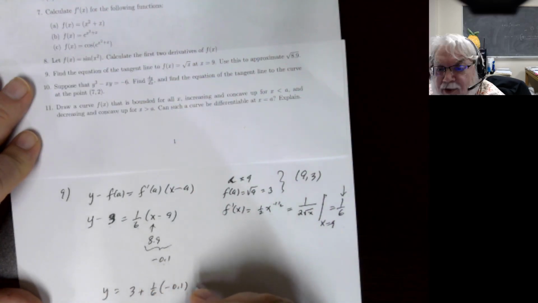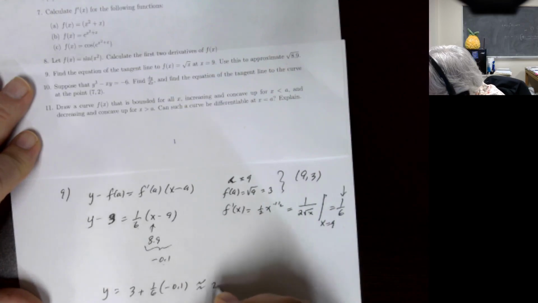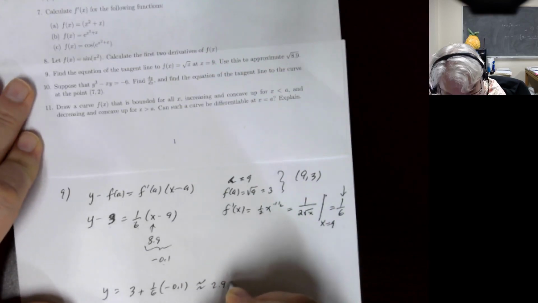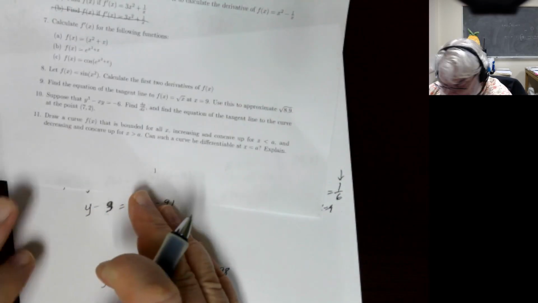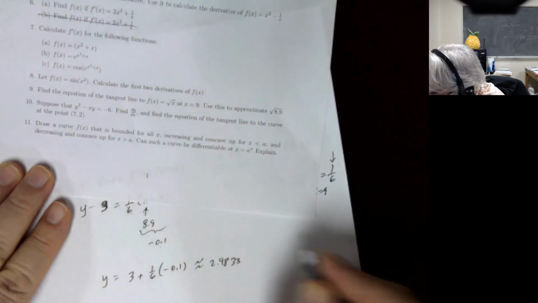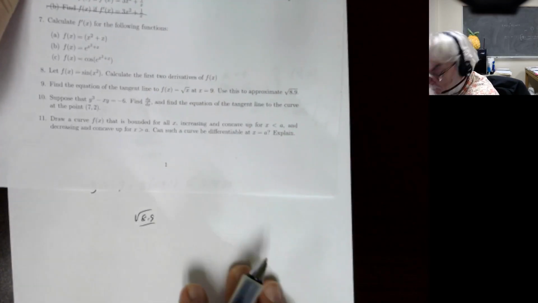Okay, and so if you do that, you get approximately 2.98 something. Let's see if I can find that. 2.9833. And by the way, that is very close to the square root of 8.9 if you plug that into your calculator. So our approximation is very good there. Good.